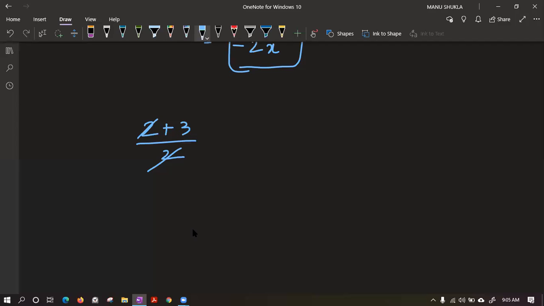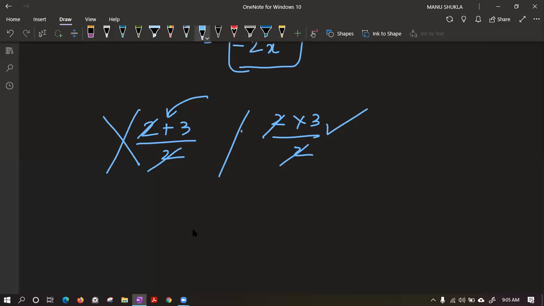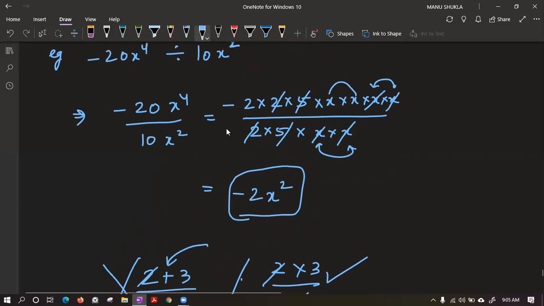Because positive is there. In between 2 plus 3 we have positive. We cannot cut like this. But if it was 2 into 3 upon 2, in that case it was correct. Here it is wrong. So class, same thing is here also. As all were multiplying and there was a division, we were able to cut the same numbers.